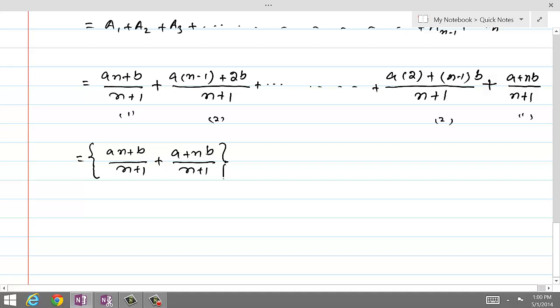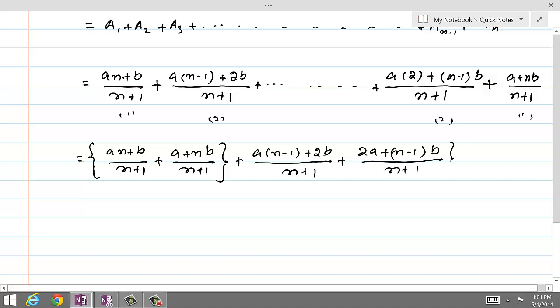Let's make this one term, plus the second term, (an minus 1 plus 2b) over n plus 1, plus the second last term, that is (2a plus n minus 1 times b) over n plus 1. That is because the total number of terms was n, and we are combining 2 into 1. So now the total number of terms would be n by 2.